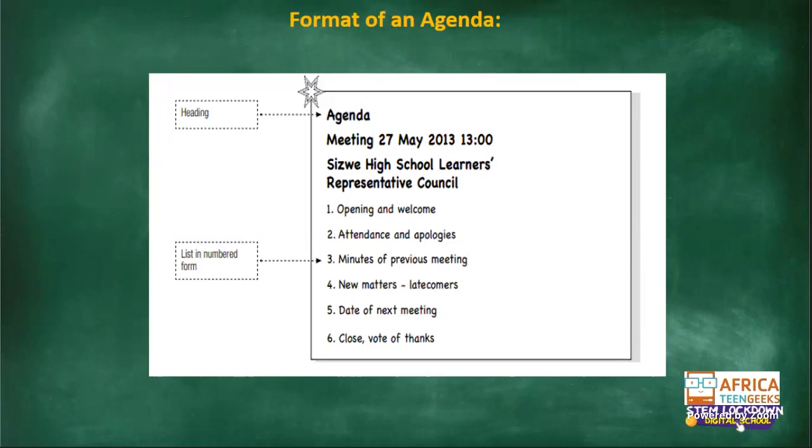Then immediately after your date, time and meeting number, you would write down the committee name. Who is holding this meeting that we are all invited to? The committee name there is Sizwe High School Learners Representative Council. Can you see that? Then immediately after the heading of the people who are holding the meeting, you would have all of the things that are going to take place in point form.